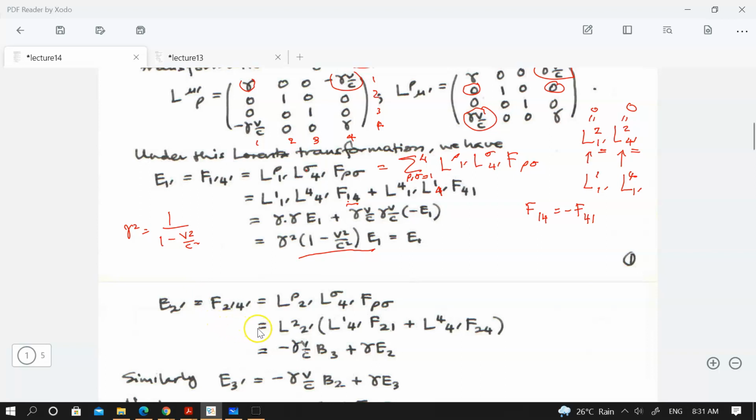Again, using the transformation law for the tensor, you have L rho 2 dash L sigma 4 dash times F rho sigma. Again, this dummy index will be summed, and we use the observation that we had earlier: your rho and sigma must match the indices at the bottom.